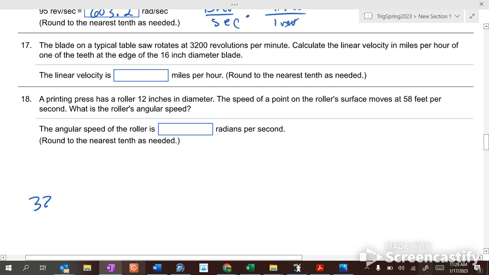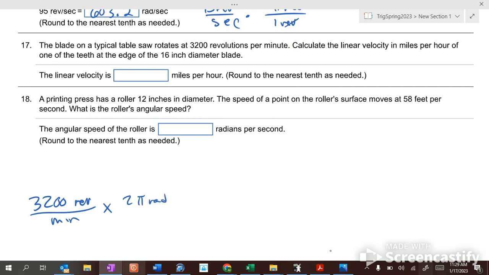You have 3,200 revolutions per minute times 2 pi radians over 1 revolution times how big's the radius? 8 inches in the radius times, now we have inches per minute.